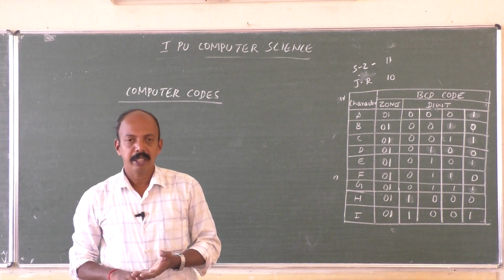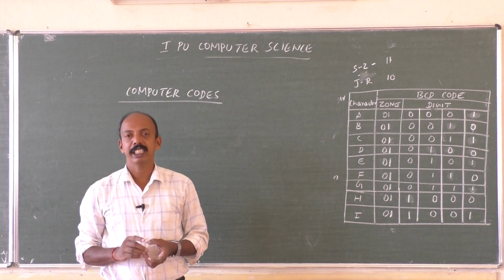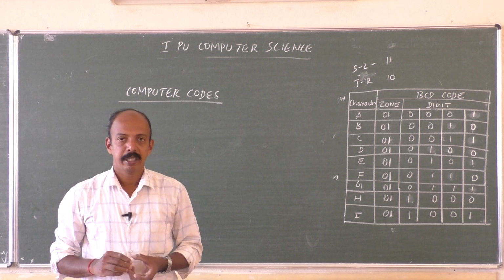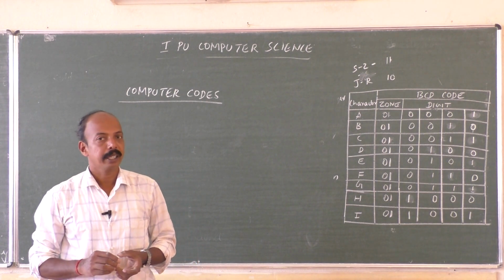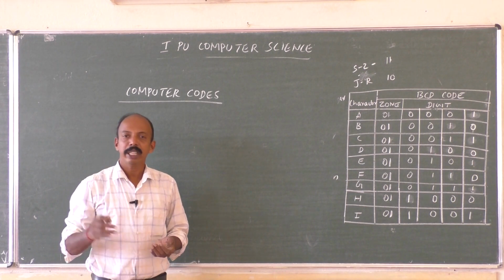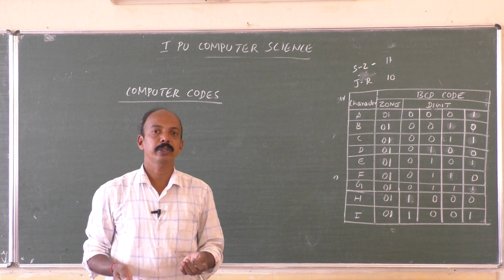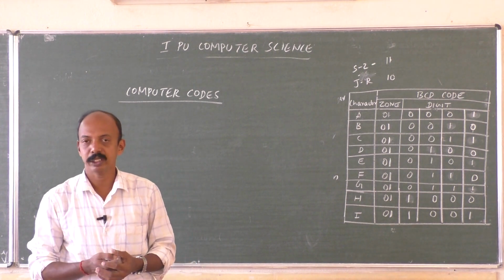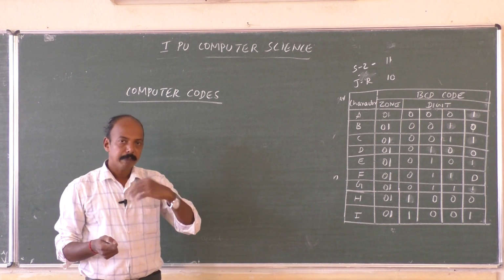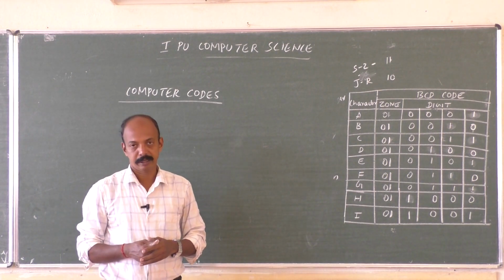Anything or any word, any symbol that we write has to be converted to a language of zeros and ones. Whenever we are converting any character, it may be ABCD or 1 2 3 or any other symbol like plus, minus, etc., all the symbols have to be converted to a language of zeros and ones, and it has to be stored.